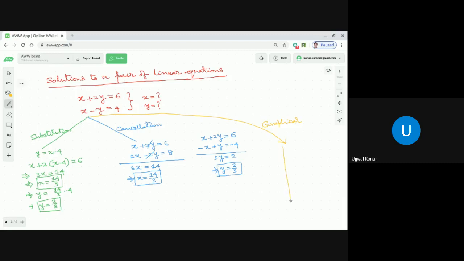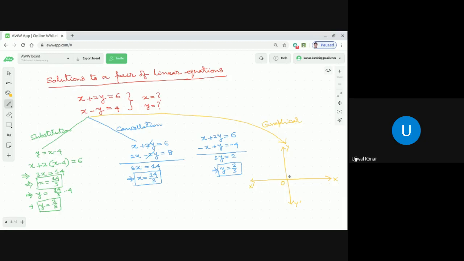First we will draw the coordinate axis. This is the origin. If you look into the first equation, x plus 2y is equal to 6, how can we represent a straight line for that one?